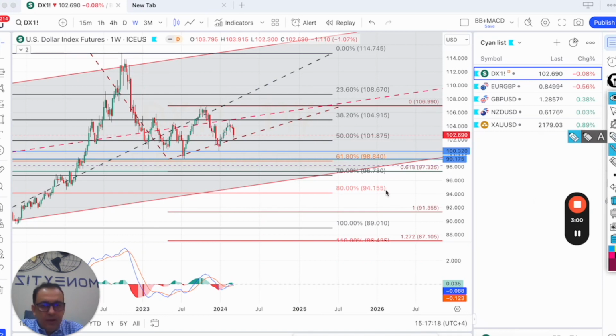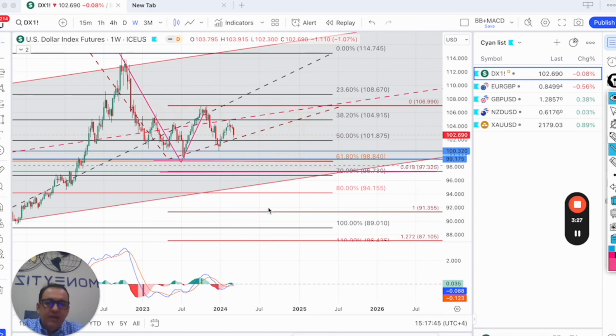I've applied a fib extension as well to the downside. Applying the fib extension to the downside, we get the first target to the downside. This is the 61% zone. So the Fibonacci retracement golden level 61.8 and the fib extension 61.8 are coming into the same area of confluence.